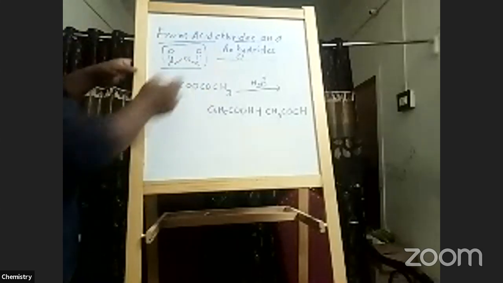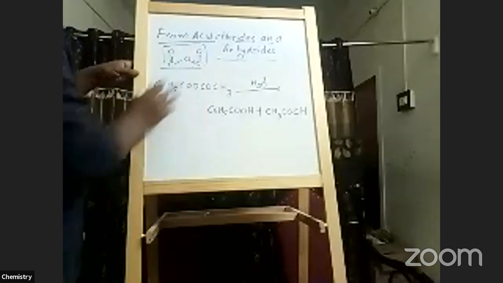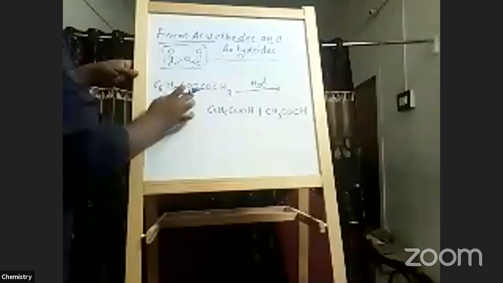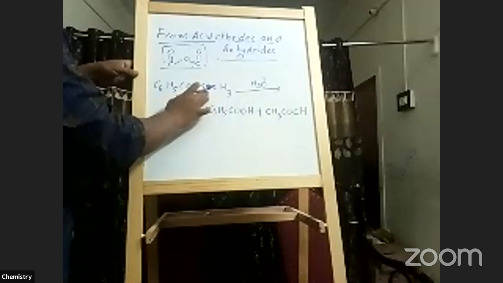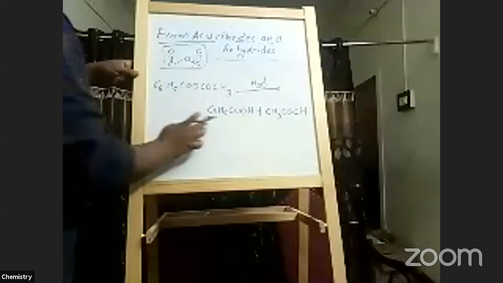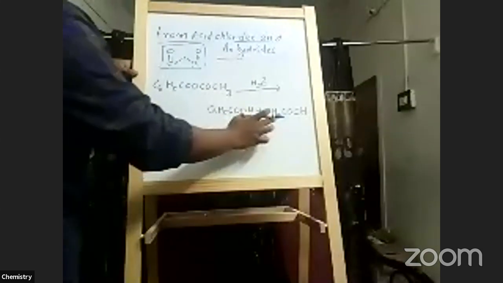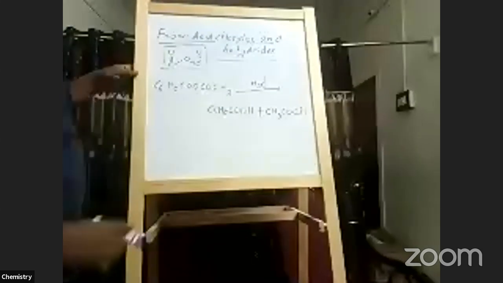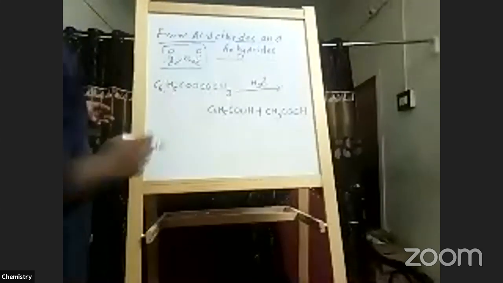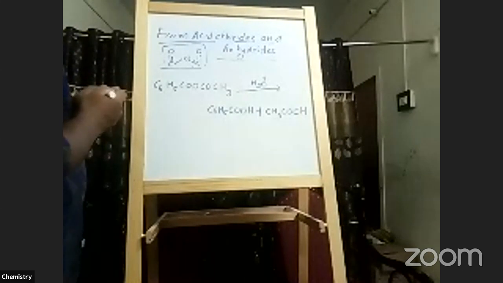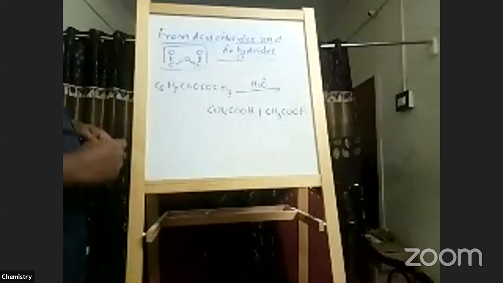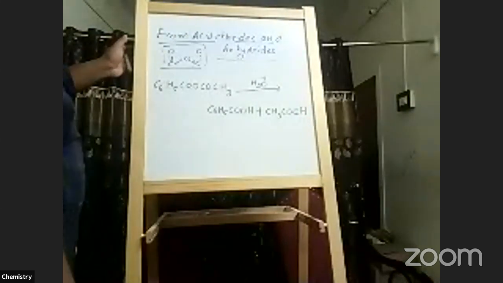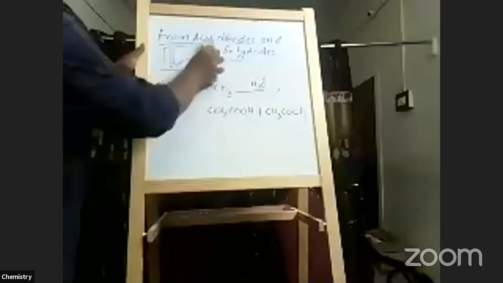This bond will be broken, and hydrogen adds to give COOH, and the COCH3 group also becomes COOH. So C6H5COOH is formed, benzoic acid, and this other one is acetic acid. Two acids are forming here. So this is with anhydride.